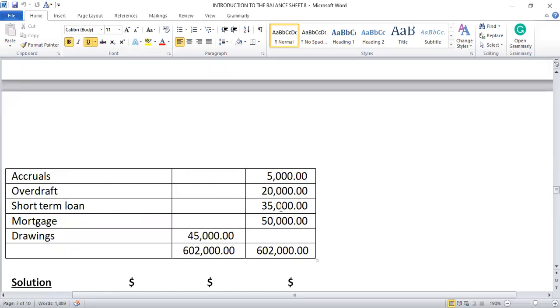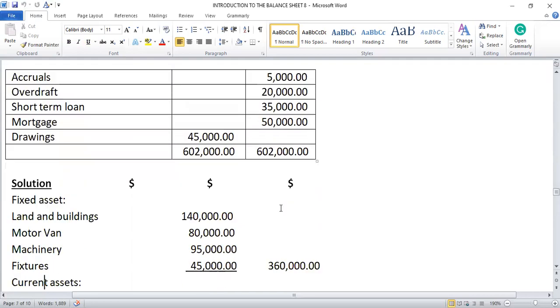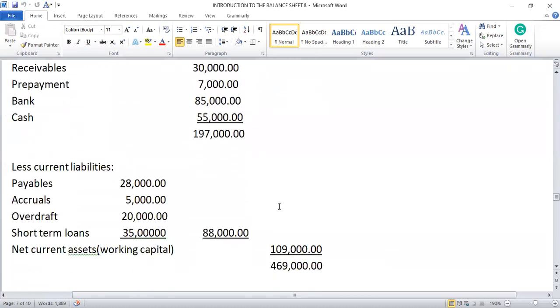Short-term loan, $35,000. So we add up all our current liabilities, which is $88,000. We deduct it from our current assets, which is $197,000. So we arrive at our working capital, $109,000.